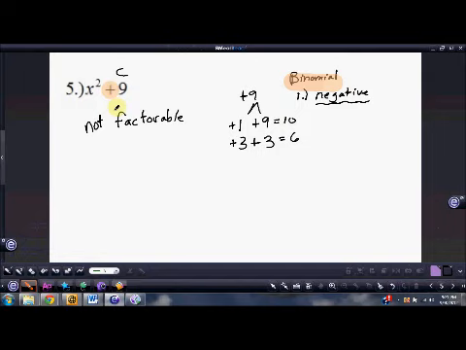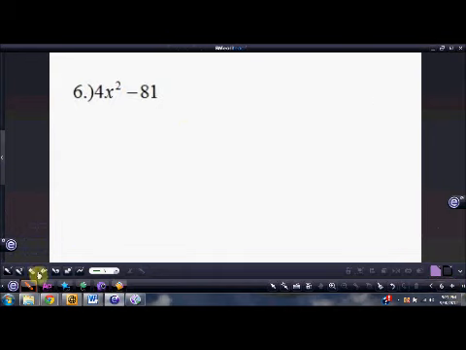Okay, and our very last question is yet another binomial. Before we said it's only factorable provided, 1, it has a negative. Okay, and this time you should see it does. The second thing you're looking for is whether or not it has perfect squares.